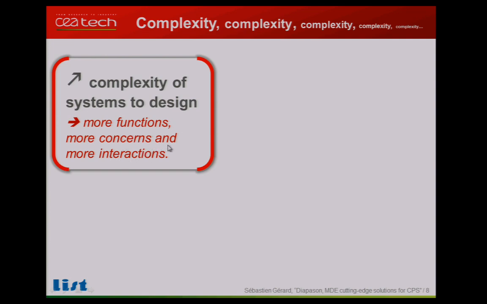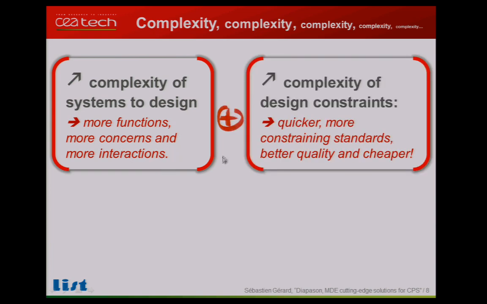And they are more and more in interaction together. So we are talking about the Internet of Things. The reality is that all the systems are more and more in communication, and the frequency of the communication is also increasing. So the complexity is coming very often from this concept.